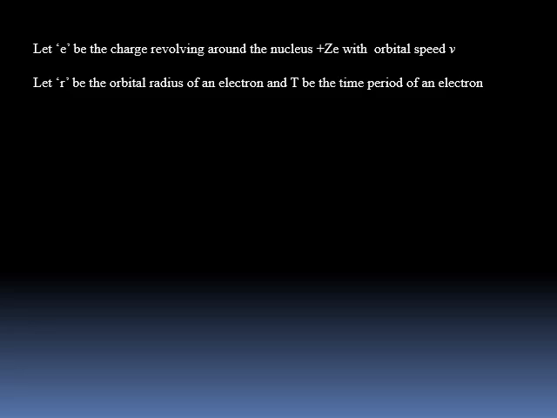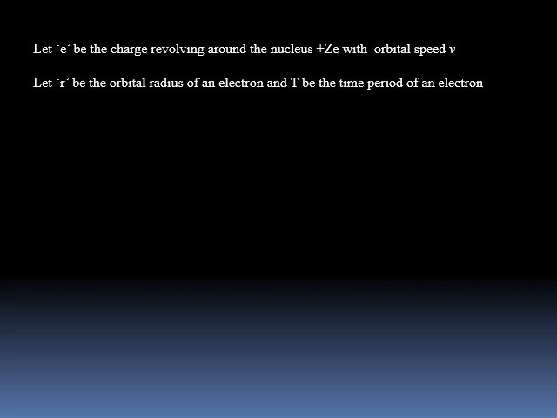We have considered electron to be revolving around the nucleus, making a radius r. So we are just putting it down here. Let e be the charge revolving around the nucleus, making a radius of r around it, moving with orbital speed v and taking time capital T.